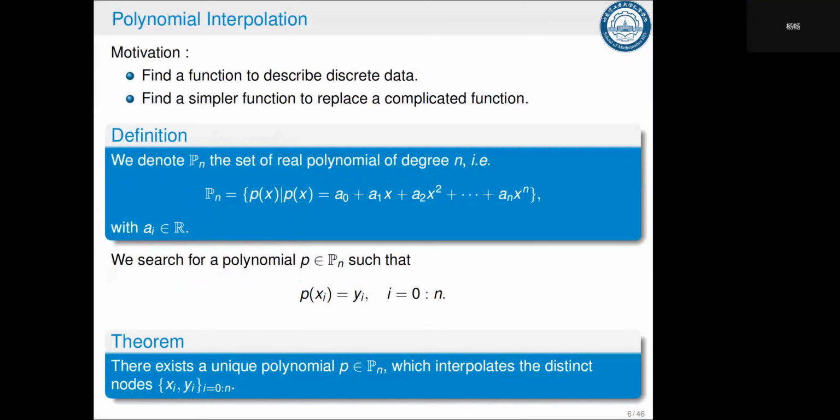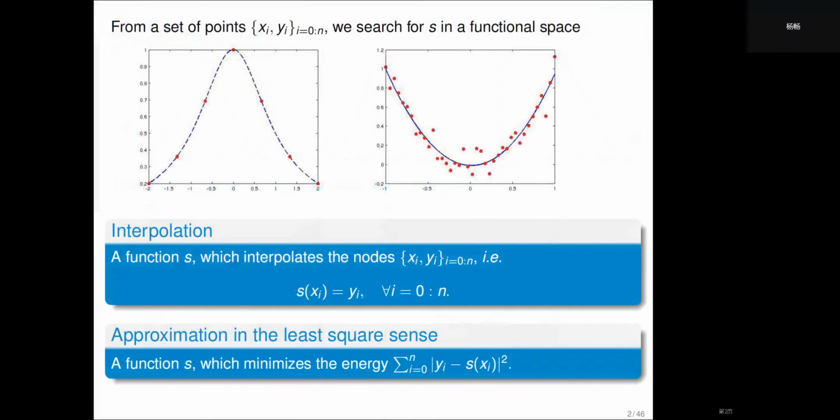Let's recall the motivation of the polynomial interpolation. There are mainly two situations we need to apply the polynomial interpolation. The first one is to find a function that describes the discrete data. That is very similar to what you have seen here.